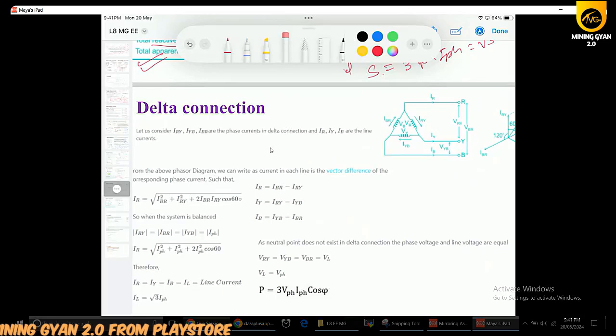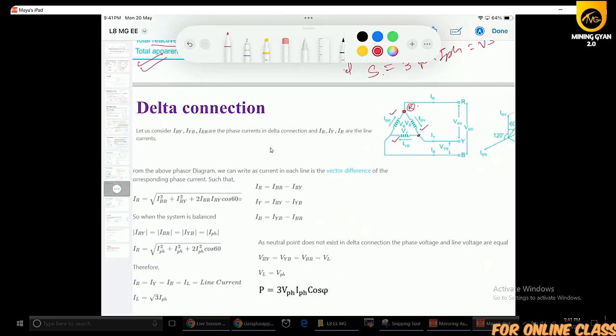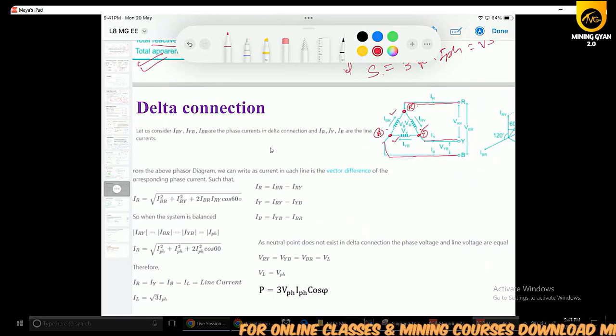Here these three coils are the phase coils, or three phases. This terminal is related to R, this terminal is Y, and this terminal is B. These three are the line conductors, and these three are phases, three different phases.